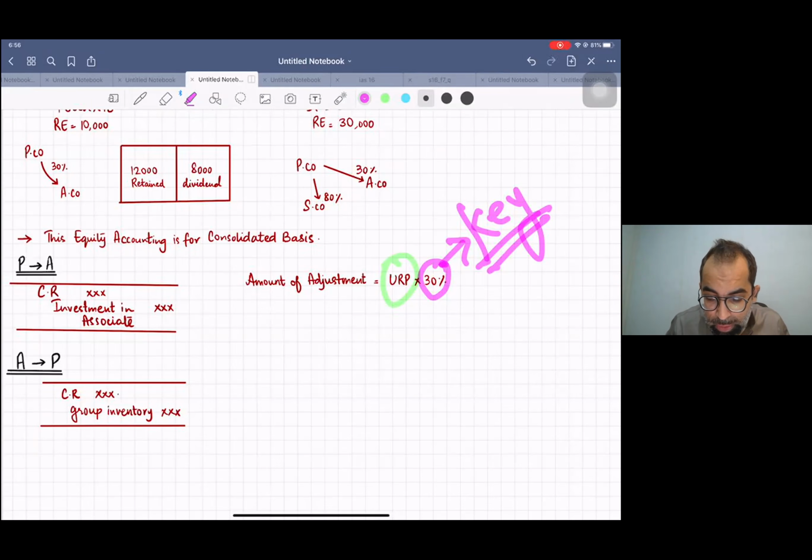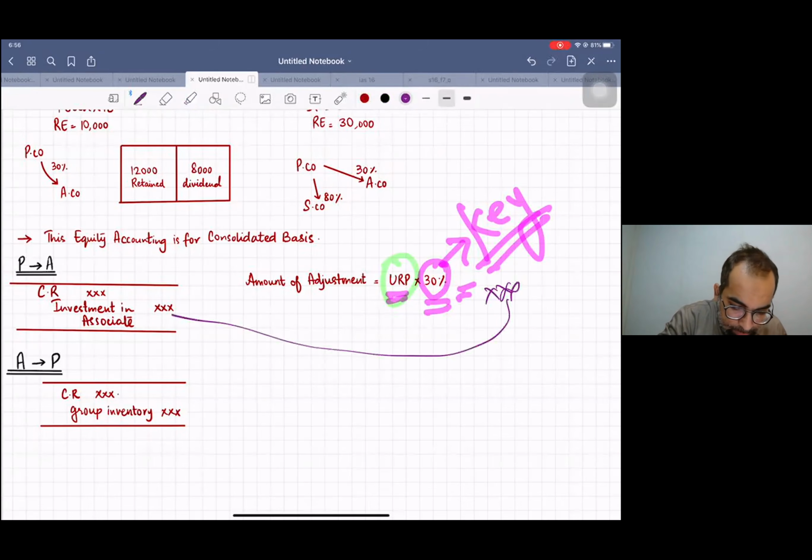You first calculate URP and then you multiply it with your holding percentage of associate. And now this number you have to adjust. Don't forget. Okay. So what is the entry of P to A sale? The entry of P to A sale is consolidated reserve. You have to reduce CR and you have to reduce investment in associate, which we just discussed.